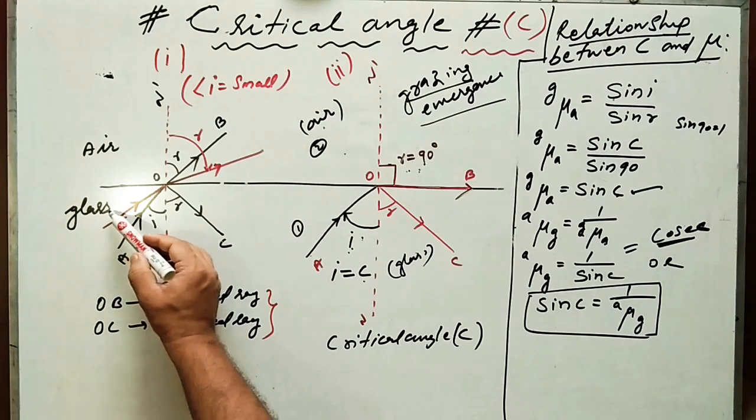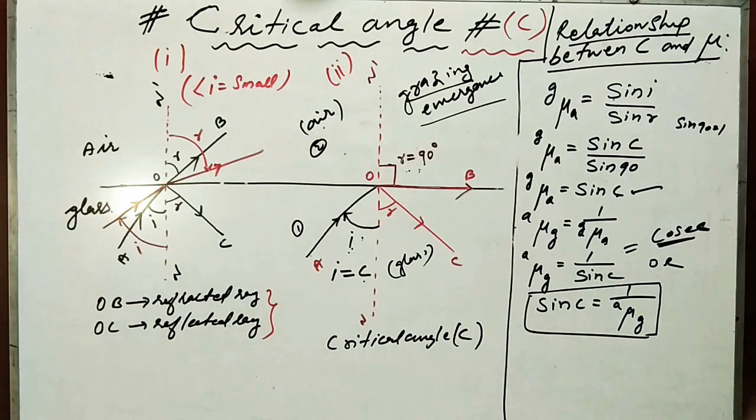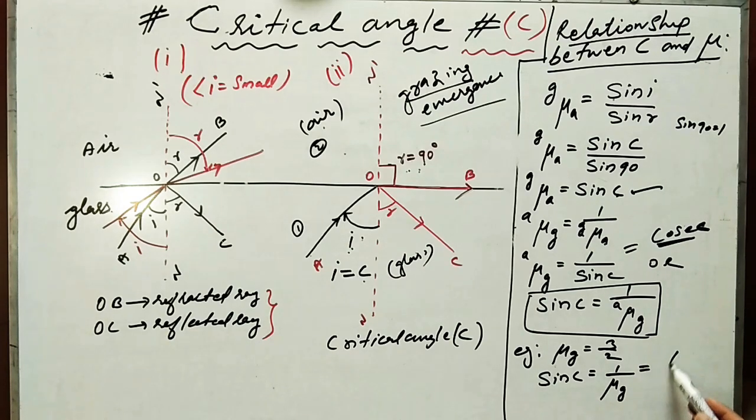What is the pair of media here? Glass and air. For example, you know the refractive index of glass is equal to 3 by 2, that is 1.5. So sine C, the sine of the critical angle, is equal to 1 by the refractive index of glass with respect to air, that is 1 by 3 by 2.